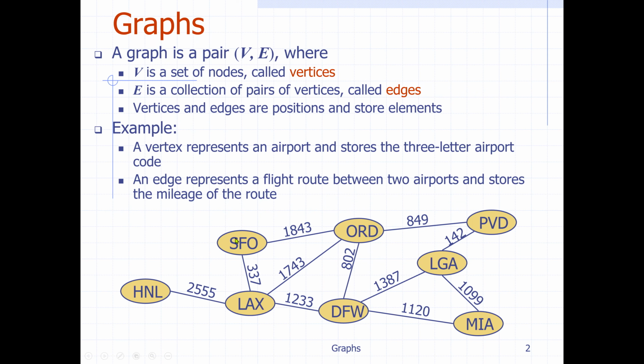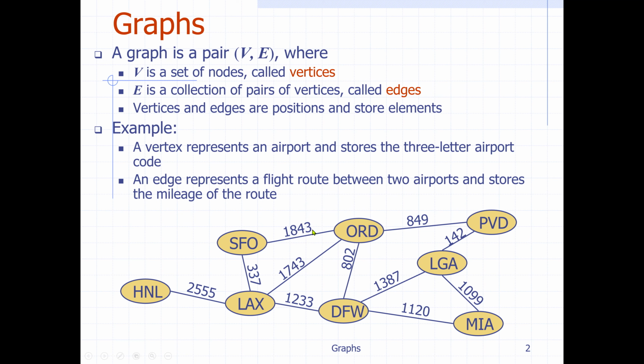The vertices are SFO, ORD, and PVD, and these are airport codes. And the edges are the lines that connect the airport codes. So for example, we have an edge from SFO to ORD, which is 1843.